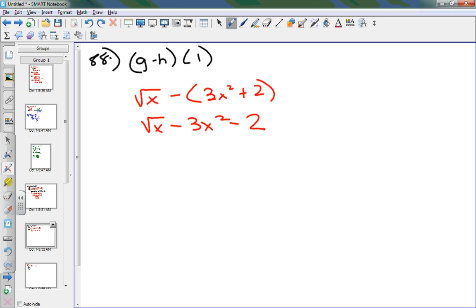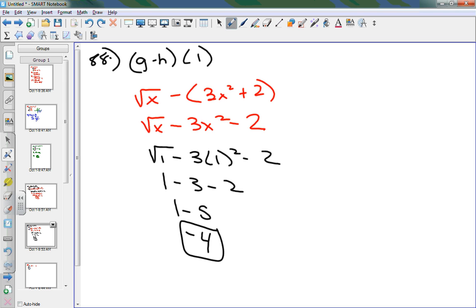Can I combine any like terms? No, so what do I need to do? I need to plug in 1. So that's going to be the square root of 1 minus 3 times 1 squared minus 2. Square root of 1 is 1, minus 3 minus 2. That's going to give you 1 minus 5, to give you negative 4. Do we all see that, yay or nay? We good?